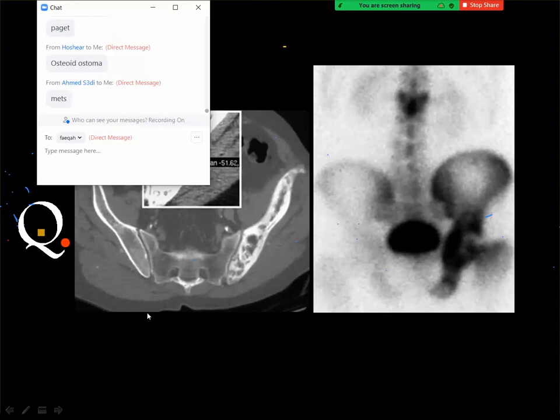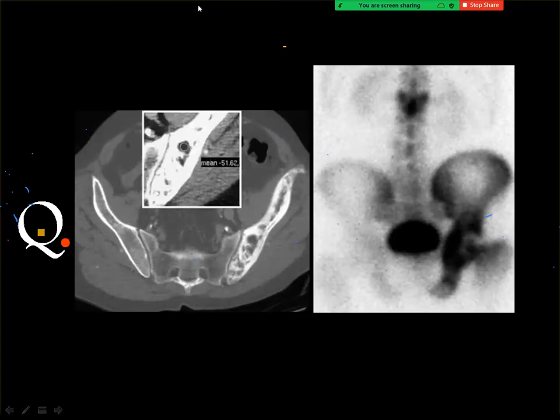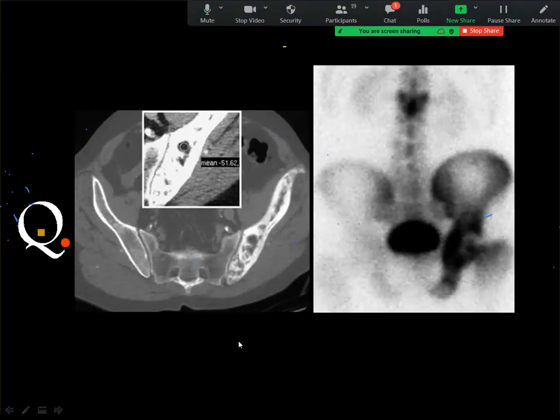Paget, osteoma, metastasis, osteoma. Yes, the right answer is Paget disease because number one, enlargement of the bone. Number two, heterogeneous texture of the bone, including sclerosis and osteolysis. Number three, the severe intense uptake by the bone scan, which is known as the super scan.